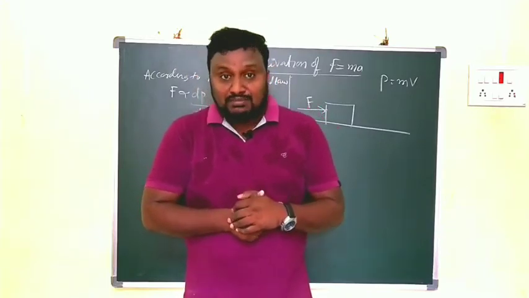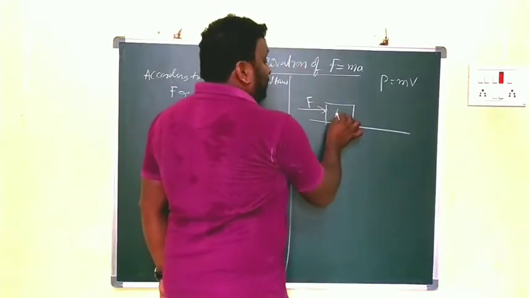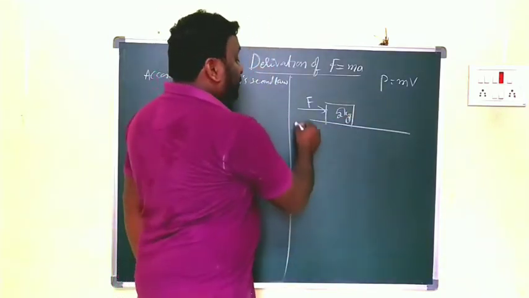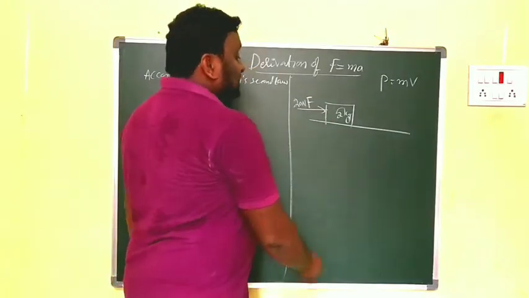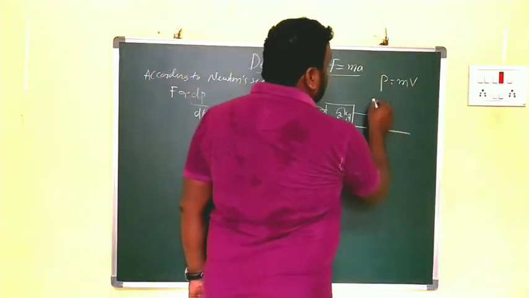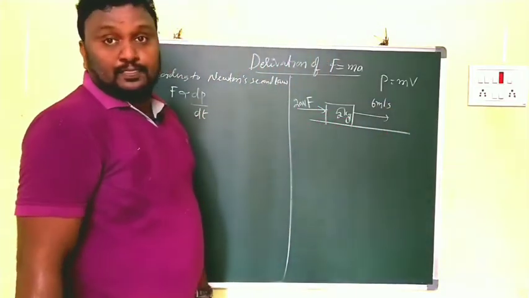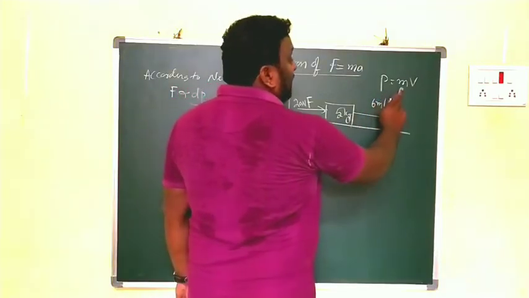For example, when we have a body of mass 5 kg and we apply 20 newtons of force, its velocity becomes 6 meter per second. Then what is momentum? Momentum is mv.